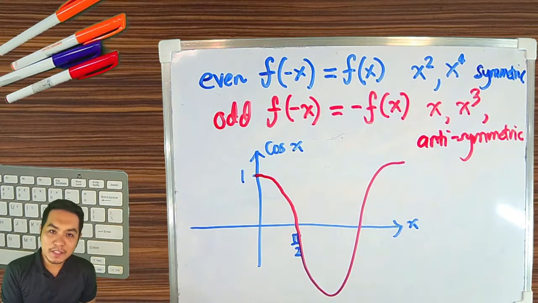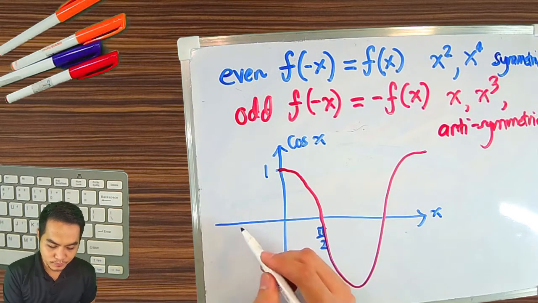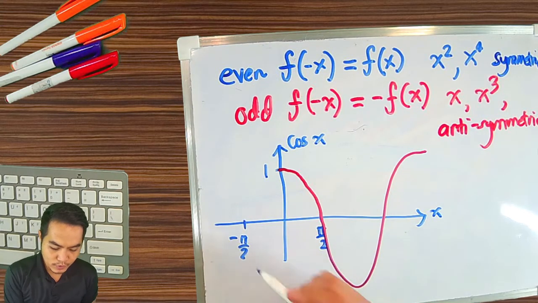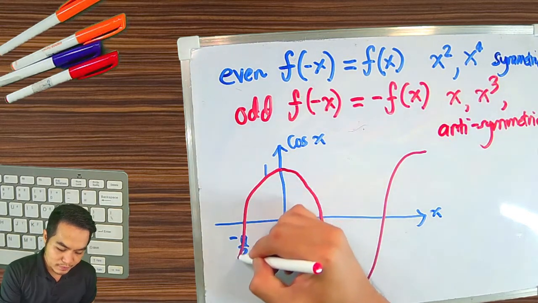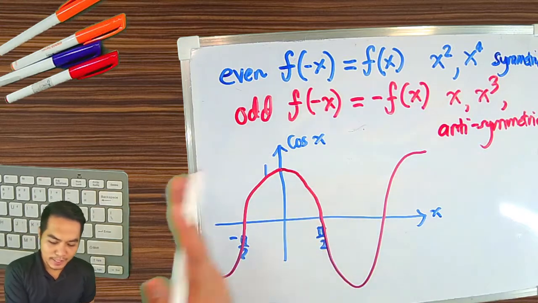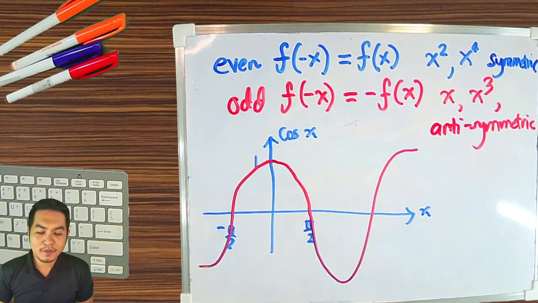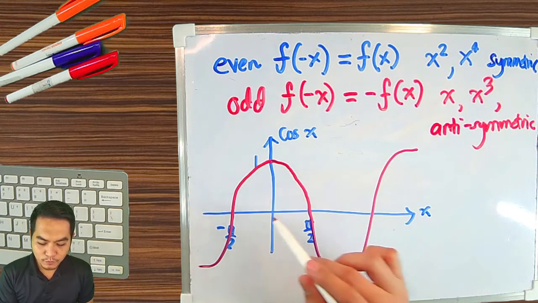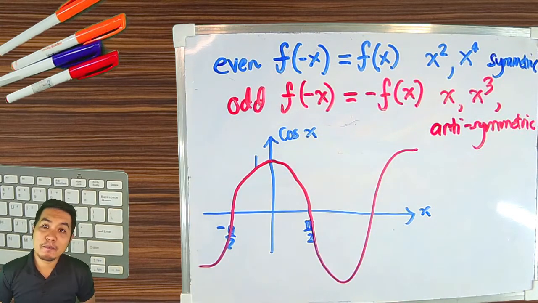On the other side, the cosine of negative pi over 2 is also 0. If you notice, on the positive side and on the negative side, the plot of cosine of x is symmetric. For every pair of positive and negative values of x, they have the same value. That's what we mean by an even function, and they are symmetric.